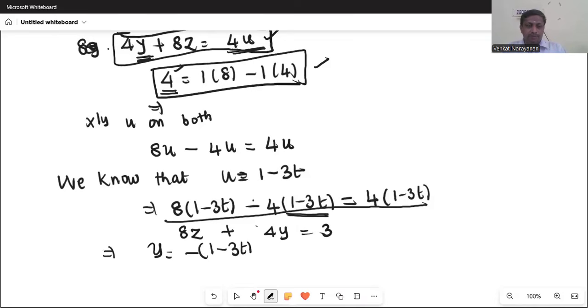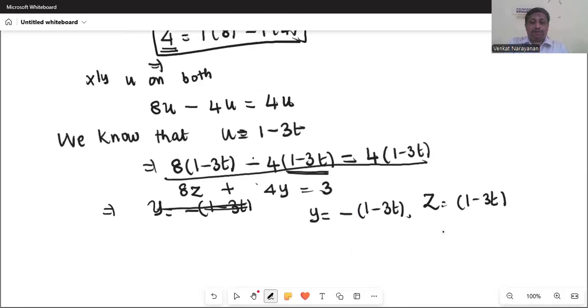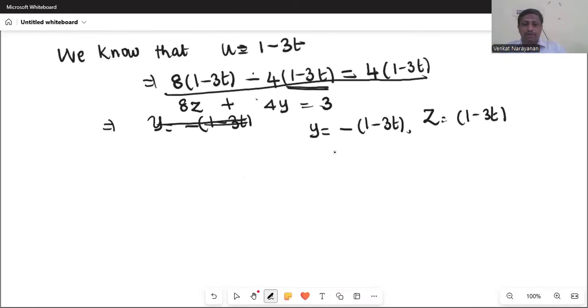Now compare the values. The y value is minus of 1 minus 3t, and the z value is 1 minus 3t, which is our initial solution. I can assign y naught equal to minus of 1 minus 3t and z naught equal to 1 minus 3t. These are the initial solutions.